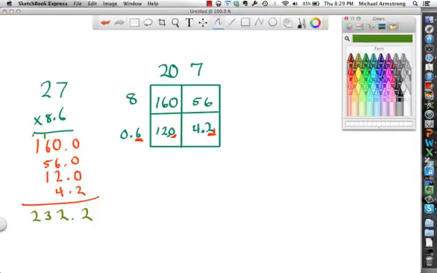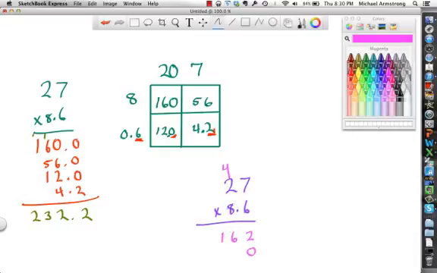And the traditional way, let's do some purple. 27 times 8.6. 6 times 7 is 42. 6 times 2 is 12, plus 4 is 16.